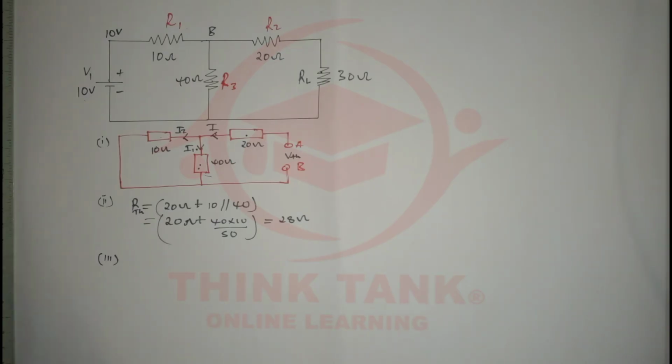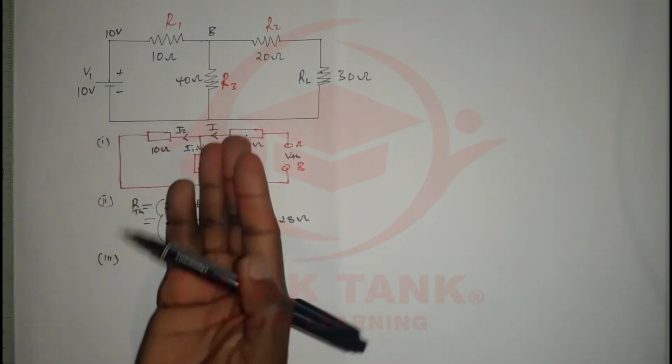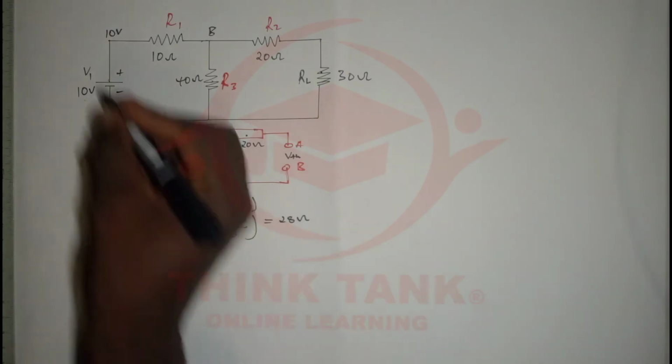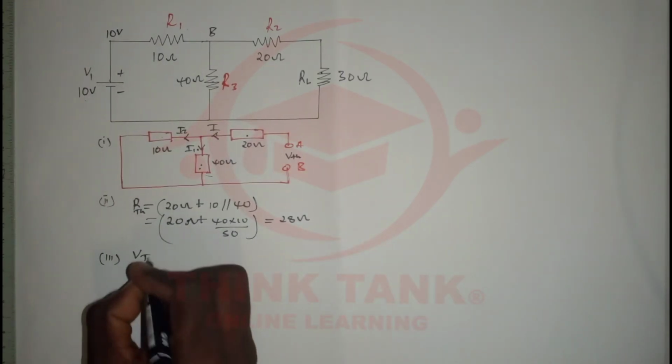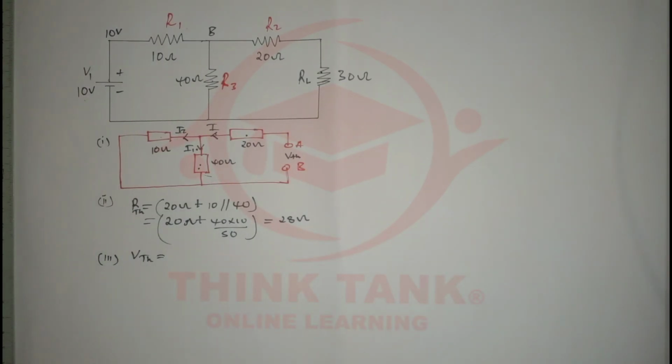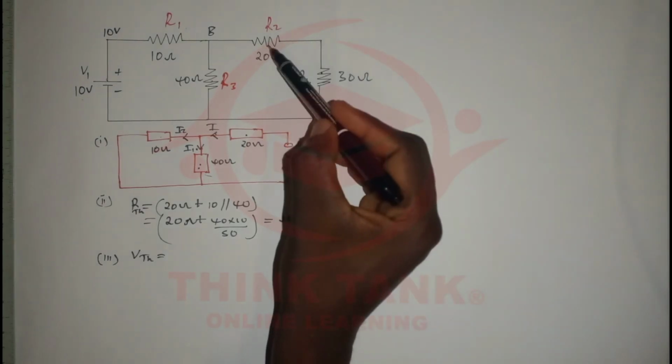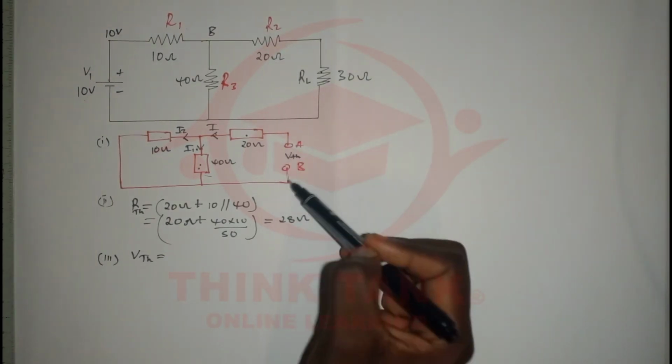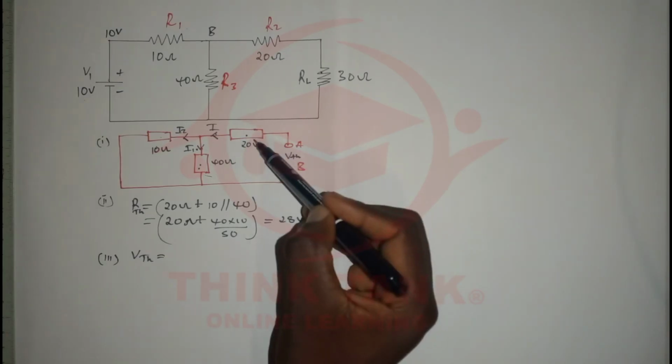Okay, so what we need to find is the voltage across the 40 ohm resistor. I think using a voltage divider is going to be easy. So the voltage is going to be, let me just say, Thevenin's voltage. Okay, the reason why I'm ignoring this resistor, see, there's nothing here, there are no terminals, so there's going to be no voltage drop here.